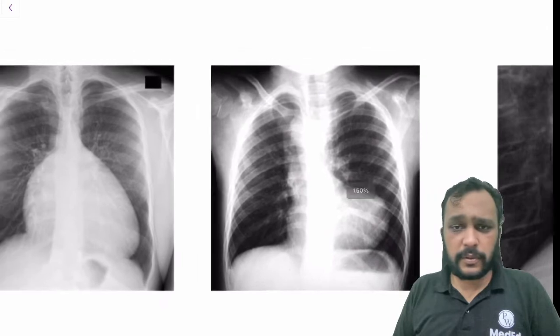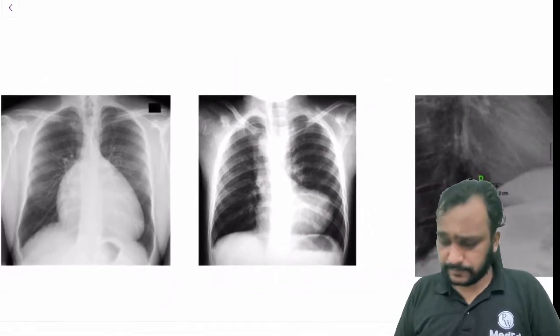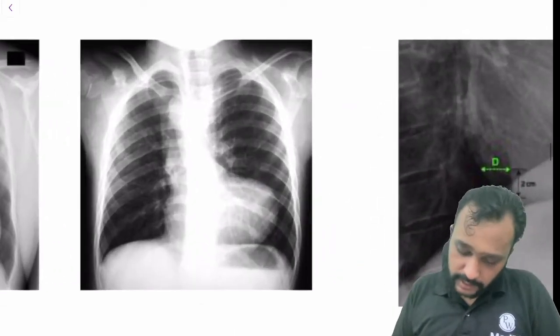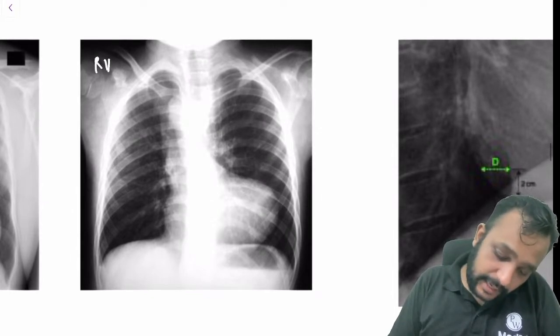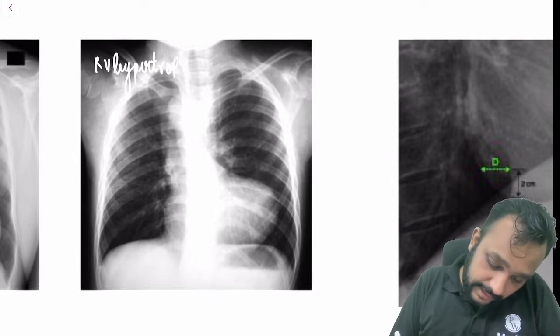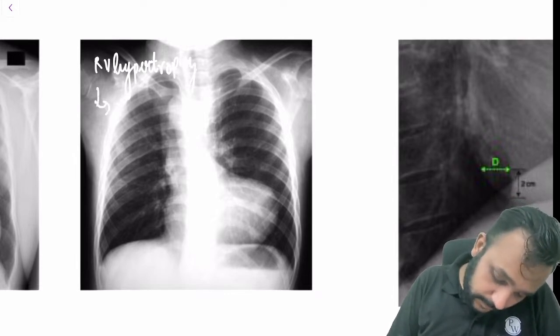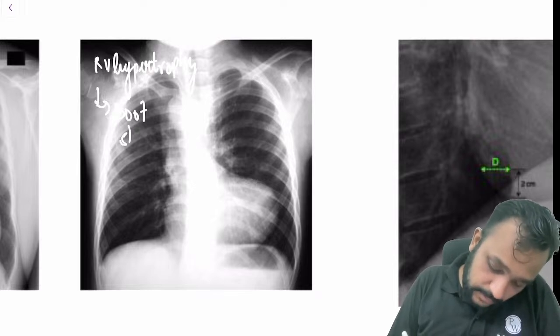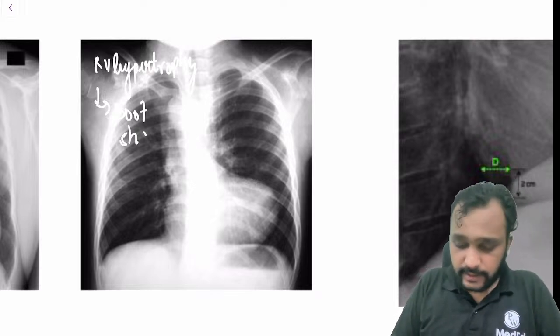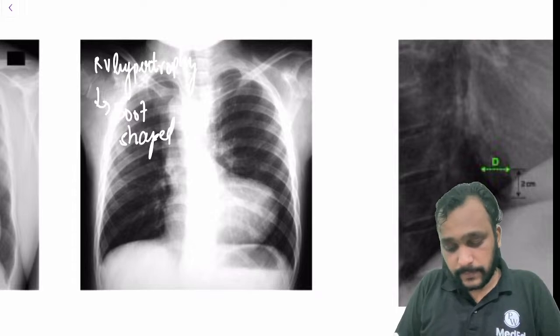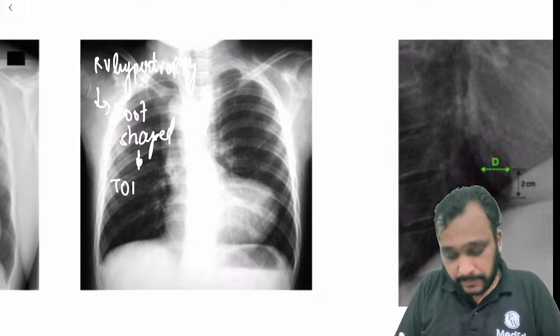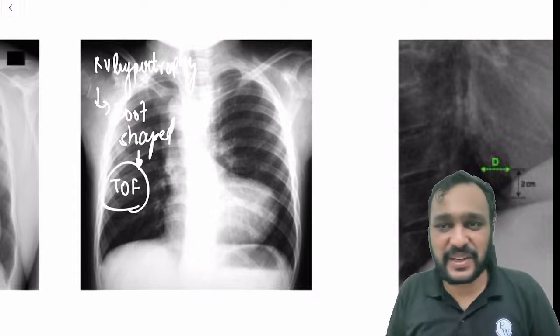Now if I talk about other cases, in patients with right ventricular hypertrophy, what is the sign that you are going to get? You are getting this boot shaped heart, which will be seen in right ventricular hypertrophy, and this is seen in patients with tetralogy of Fallot.